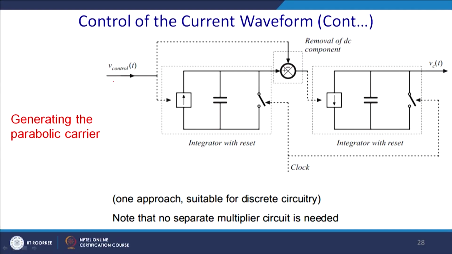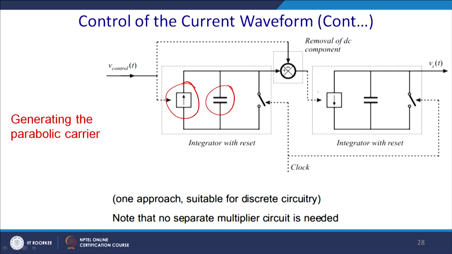So, essentially the block diagram becomes this: you have a V control, the current switch, and a capacitor. The capacitor is required to be reset in every clock pulse. At the start of the clock pulse it will compare with the Vt.